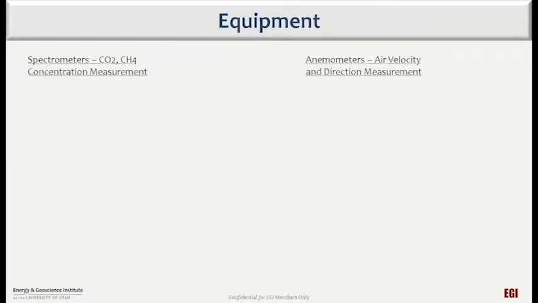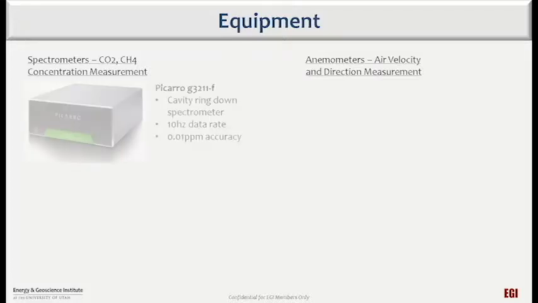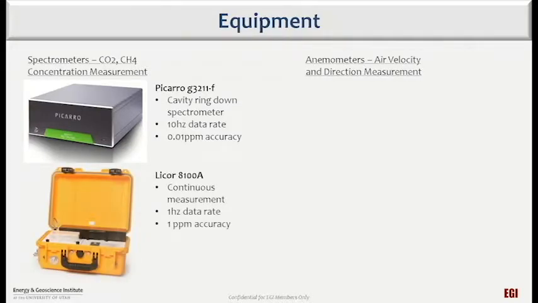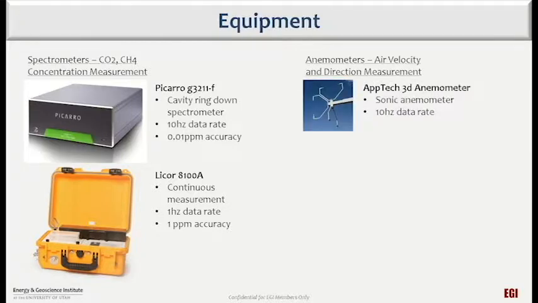The equipment used in this project consists of a variety of concentration measurement devices, including the Picarro G2311-f cavity ring-down spectrometer and LI-COR's 8100A continuous measurement carbon dioxide detection device. Additionally, because we hope to quantify air movement above a sequestration field, we utilized Applied Technology's 3D sonic anemometer measuring 3-directional wind data at a 10 Hz data rate.